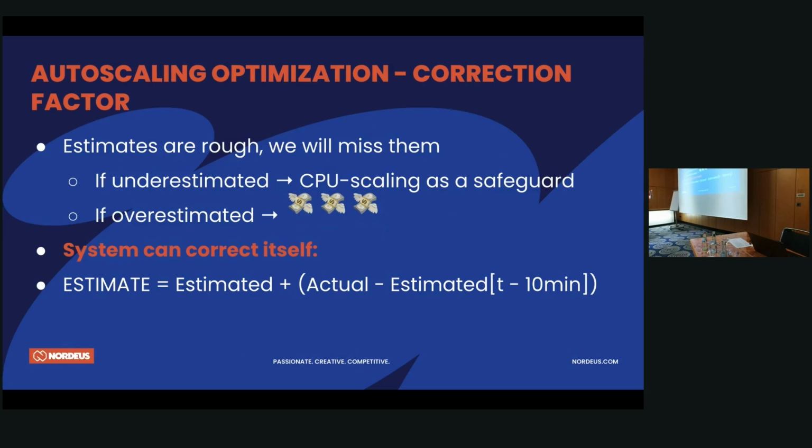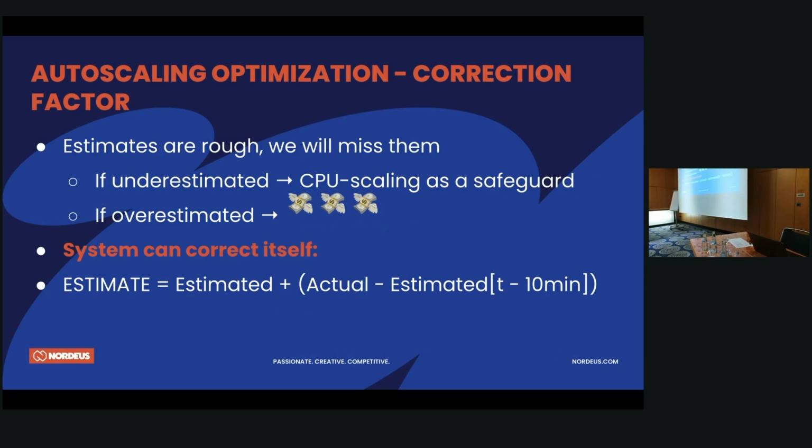So if underestimated, we had the CPU as a safeguard, but if overestimated, we are still throwing money out of the window. So we came up with an elegant idea and said, what would happen if, when we estimate the new number of incoming requests, we take into account the actual load, which is currently happening, with what we estimated 10 minutes ago?